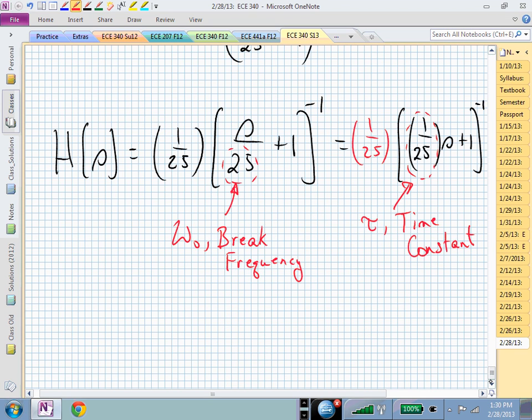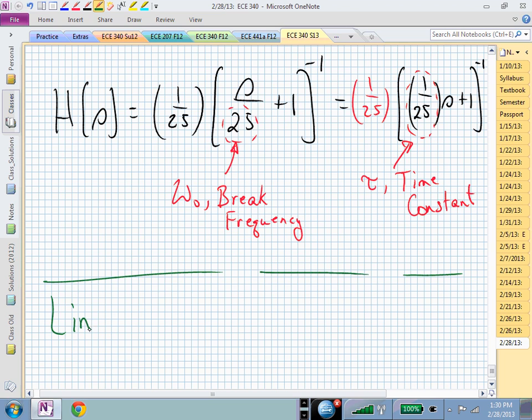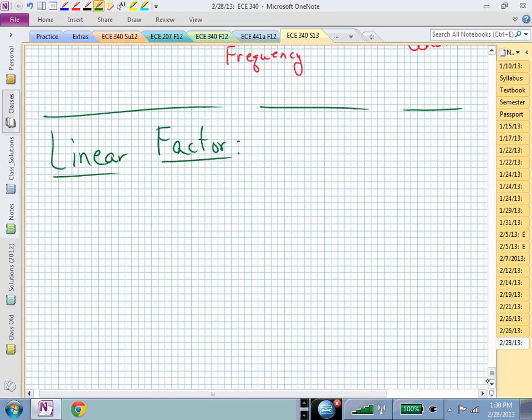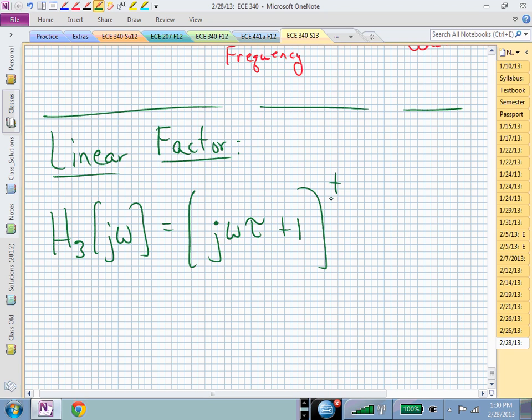Meaning now, if I start talking about this generic linear term or linear factor, based on that example, hopefully it's clear that I could rewrite any linear factor, H sub 3 of j omega, as some (j omega tau plus 1) to the plus or minus N.